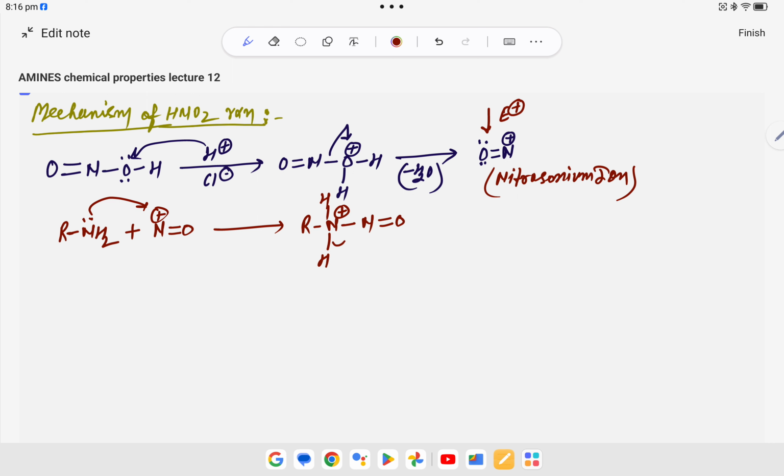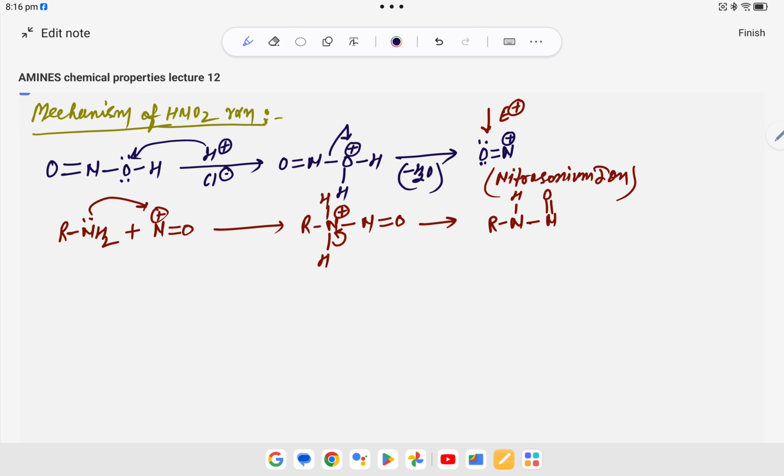So a hydrogen will be sacrificed and the positive charge of nitrogen will vanish. So RNH and nitrogen has a double bond to oxygen.